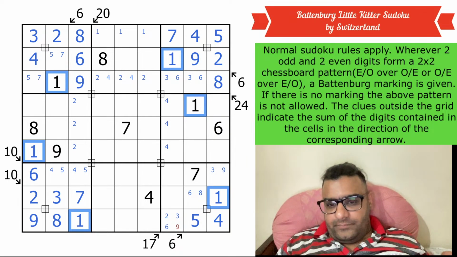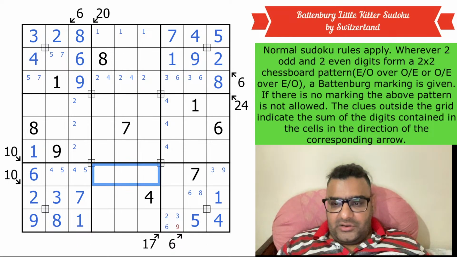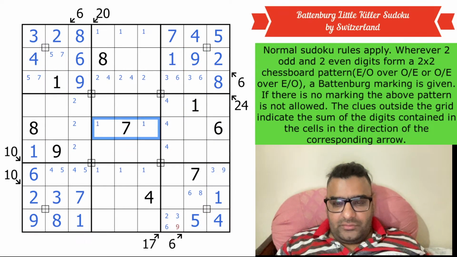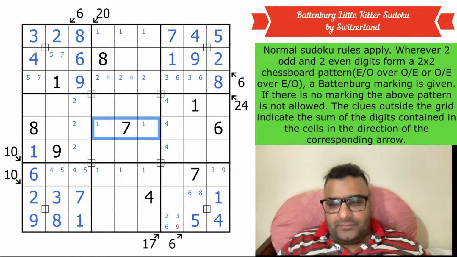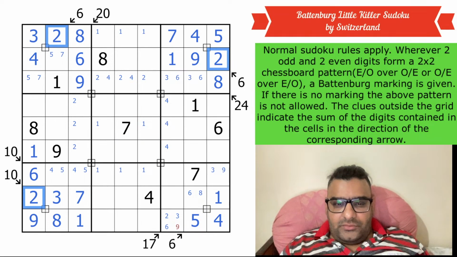So now we know one cannot be here, one cannot be here, one can be in any of these. And if we check one again, one cannot be here, one cannot be here, one can only be in these two.